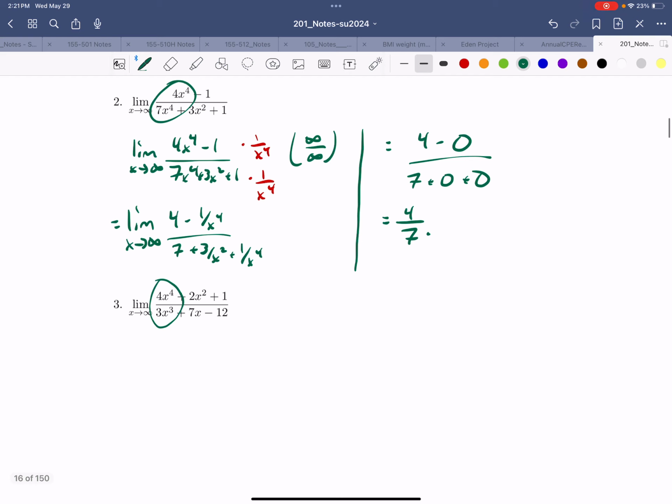Last but not least, we have the case where the power on the top leading term is bigger than the power of the bottom leading term. So if we just write this out, well, then what are we going to get? Well, we always have infinity over infinity, right? We can see that.